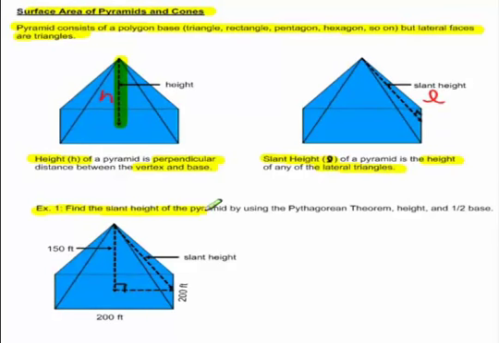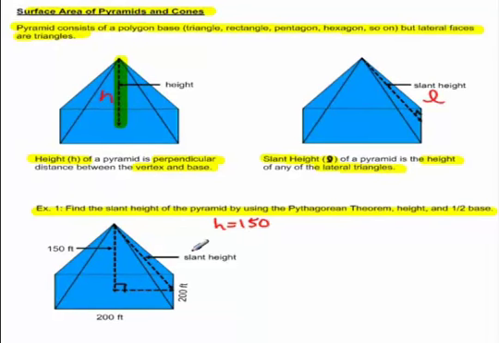To find the slant height of a pyramid, we need to use the Pythagorean theorem: the height, the actual perpendicular height that comes from the vertex to the base, and half of the base. Let's look at this. In this picture, we have that the height is equal to 150.